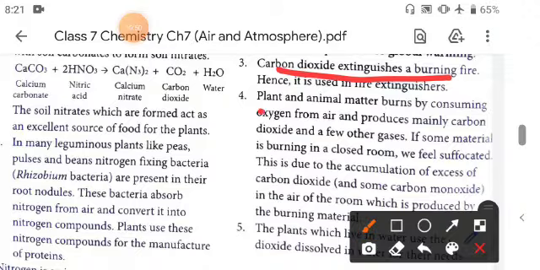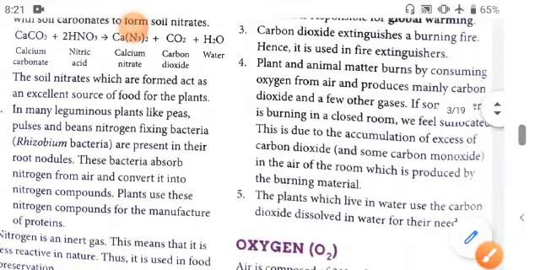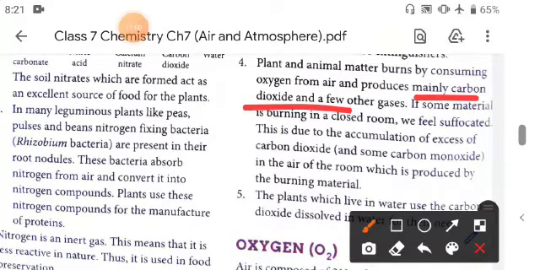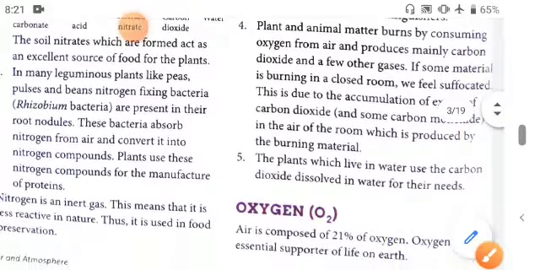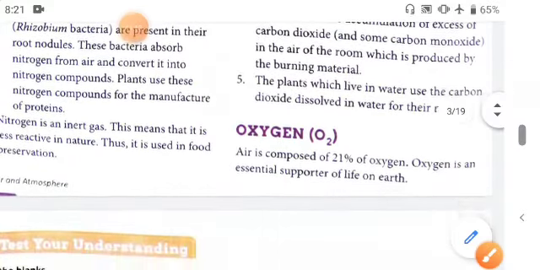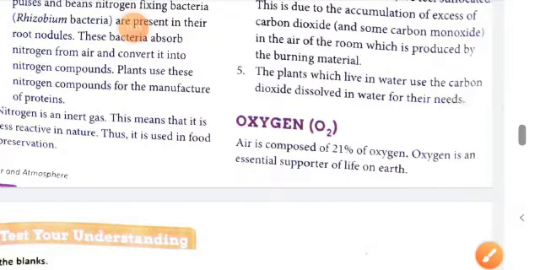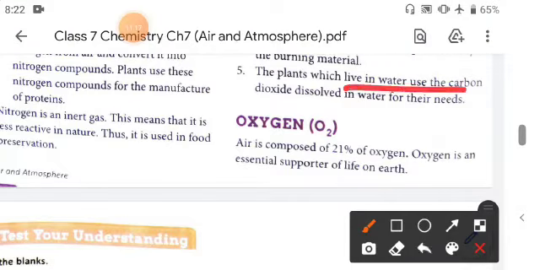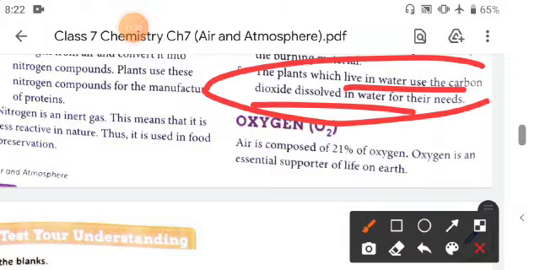Animal matter and plant matter burn by consuming oxygen from air and produce mainly carbon dioxide and a few other gases. If some material is burning in a closed room, we feel suffocated due to the accumulation of carbon monoxide, that is CO. Now the plants which live in water use the carbon dioxide dissolved in the water for their needs.